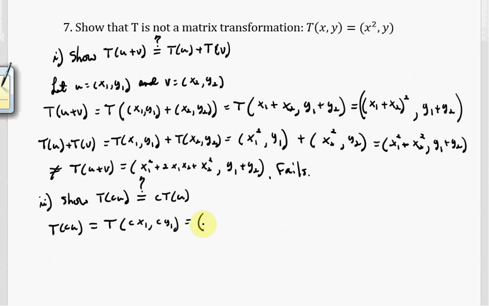So this is equal to, this says the first term squared, so this is c x sub 1 written out: c squared x sub 1 squared, comma, c y sub 1.